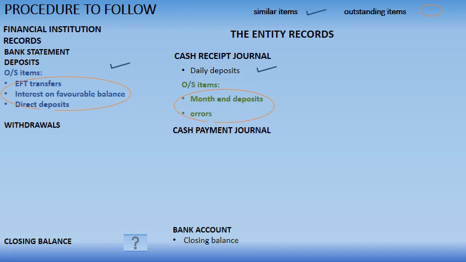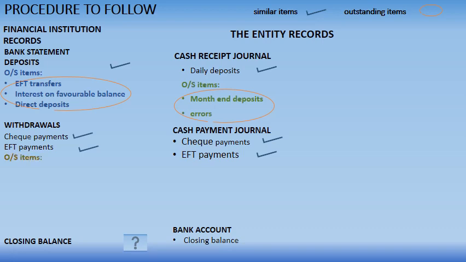On the withdrawal side of the bank statement, we will compare the checks by looking at the check number and the amount, comparing the two with the checks that have been recorded in the cash payment journal. Similar check numbers and amounts will be ticked. Similar EFT payments will be ticked with EFT payments that have been recorded in the CPJ.